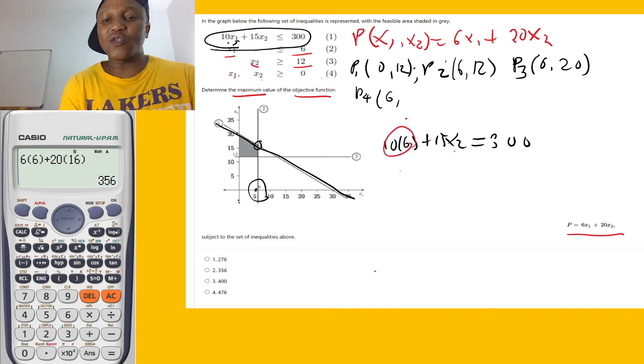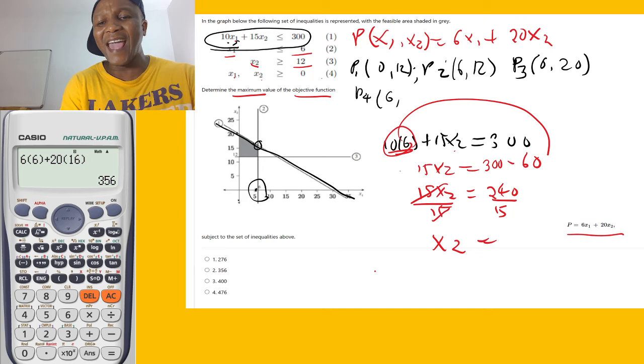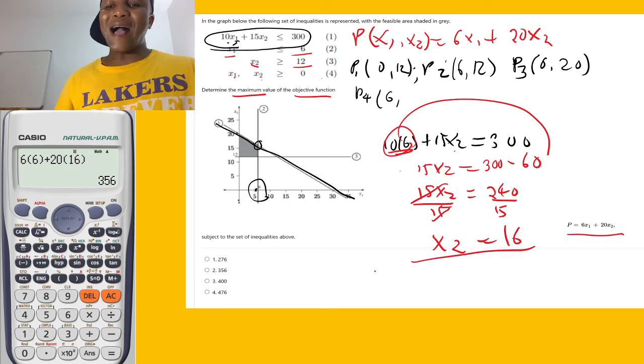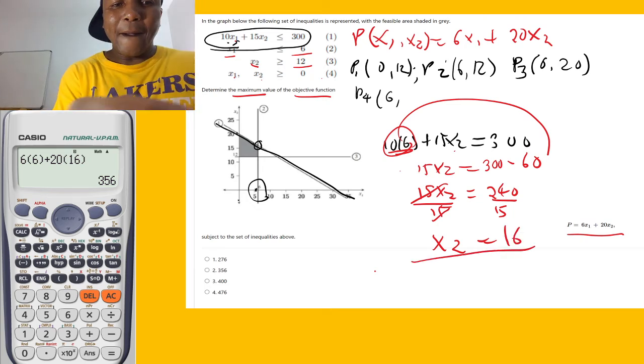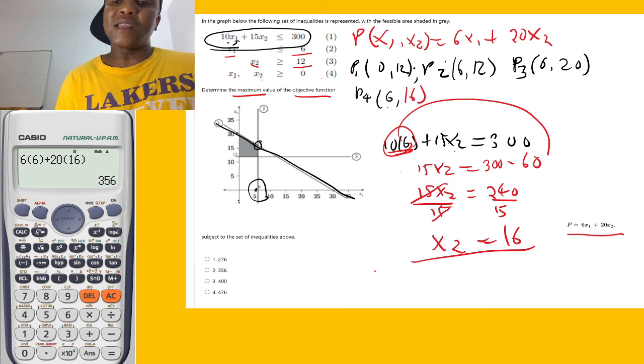The 60 goes over, so 15x2 equal to 300 minus 60, which is 240. Divided by 15, this gives us 16. So point 4 is 6 and 16.